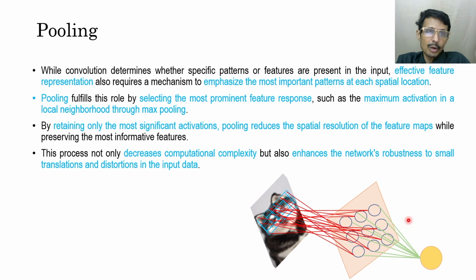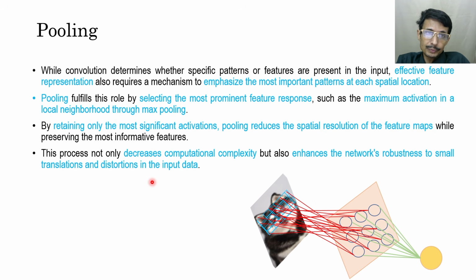Our next topic is pooling. As we have mentioned, while convolution determines whether specific patterns or features are present in the input, effective feature representation also requires a mechanism to emphasize the most important patterns at each spatial location. What does this mean?